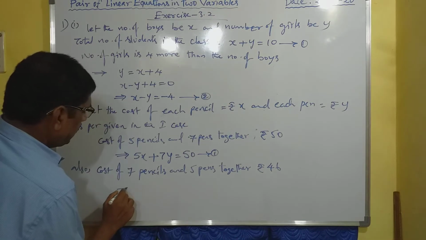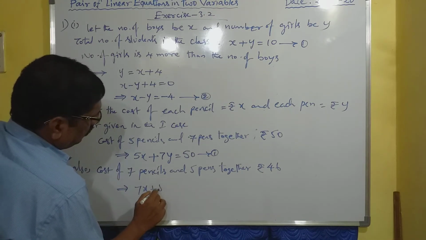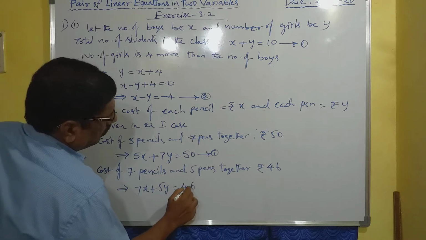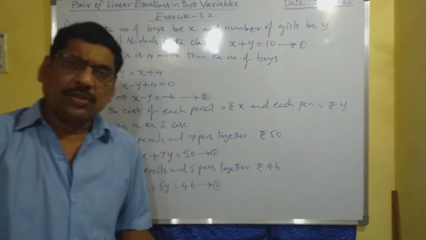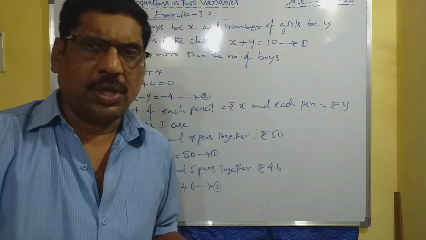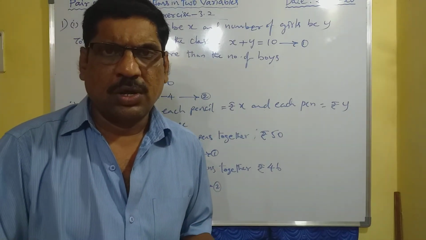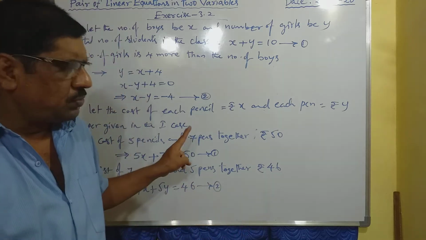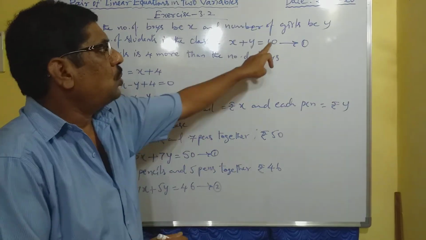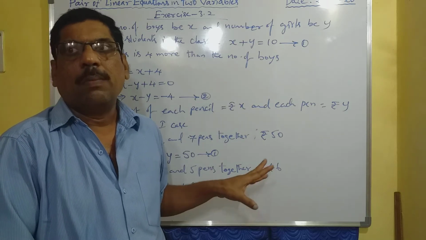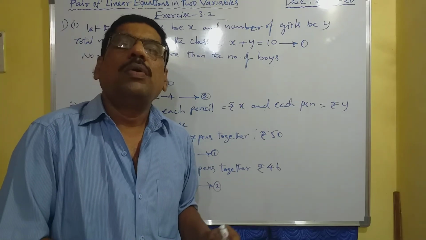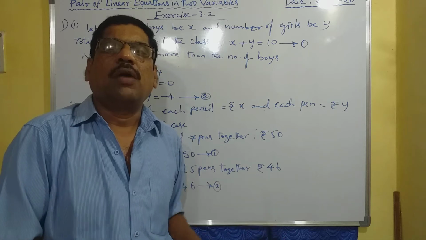Therefore, here we can write 7x plus 5y is equal to 46. Like this, we have to prepare the algebraic equations. From each situation, we got two equations. Those two are linear equations, so these two are a pair of linear equations. We will do the graphs for these equations afterwards.